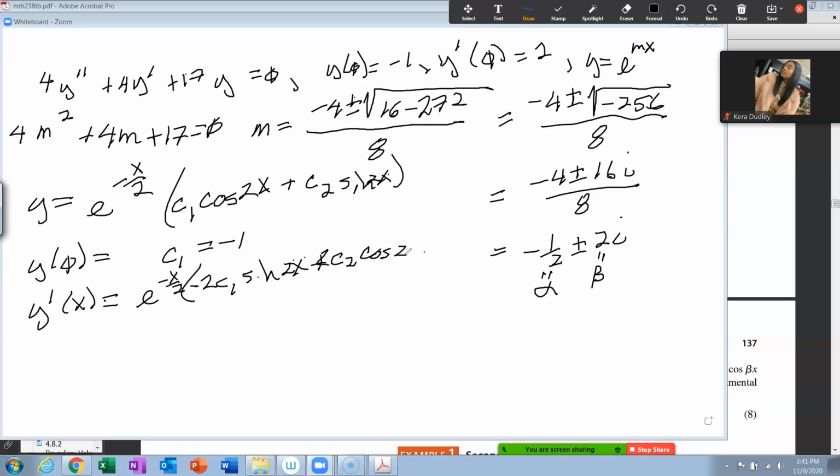Okay, that's the first times the derivative of the second plus the second times the derivative of the first.